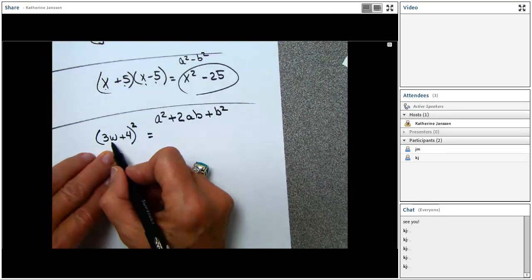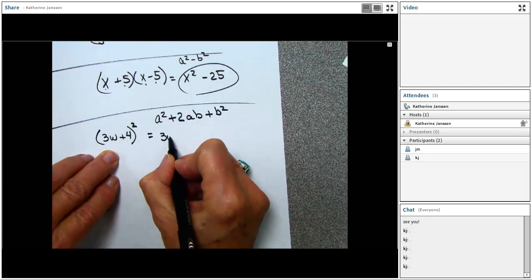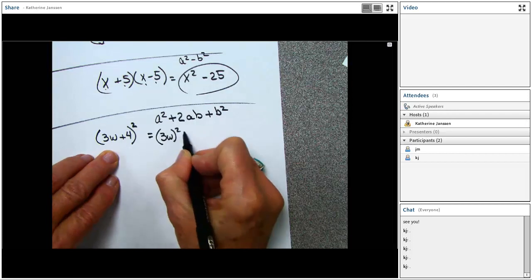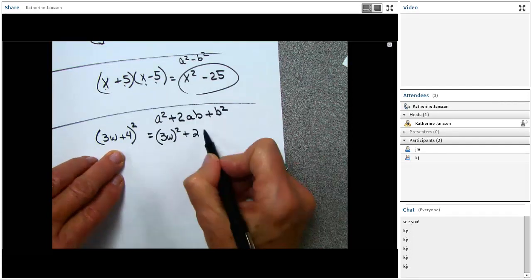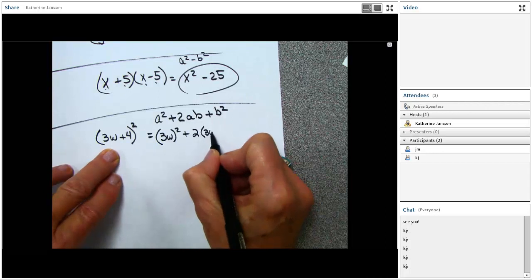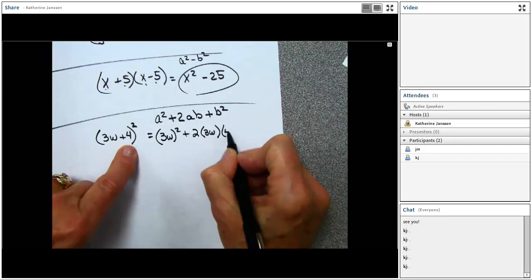A in this case is 3w. So 3w, the quantity squared, plus 2a, in this case, a's position would be 3w. B's position is 4.